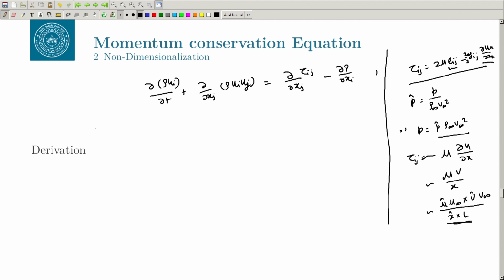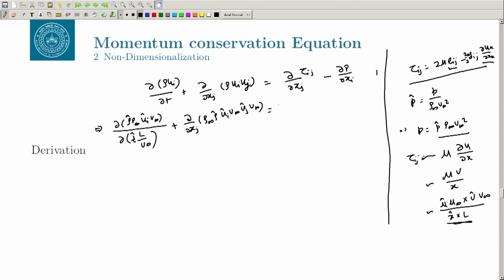So, let us start deriving here. This will become ∂(rho hat rho infinity plus u_i hat u infinity)/∂t, and what we have done for t was t hat L by u infinity, right, plus ∂/∂x_j of rho hat rho infinity u_i hat u infinity u_j hat u infinity.